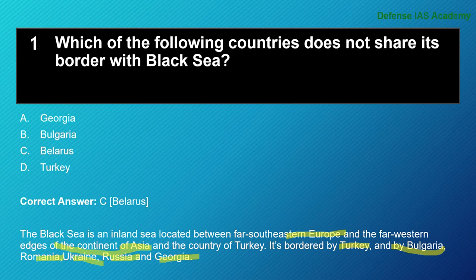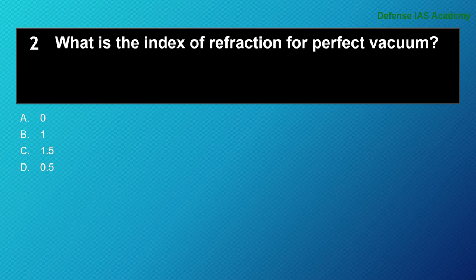The answer that is not correct in the options given is Belarus, because Georgia, Bulgaria, and Turkey definitely share a border with the Black Sea.